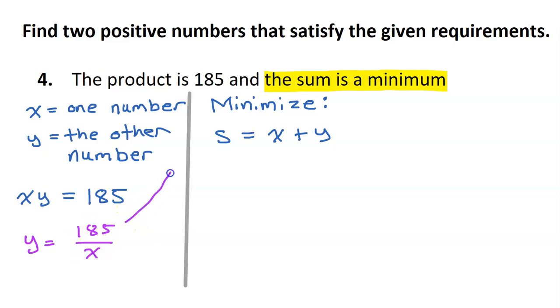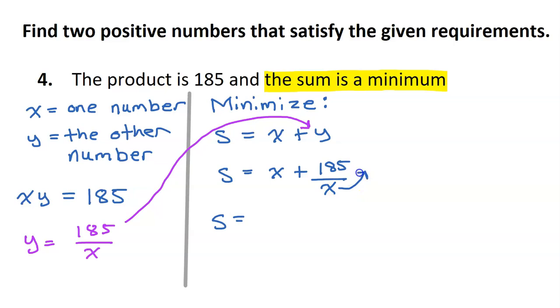We can now take this and substitute for y. So this is my new expression for the sum. I'm going to rewrite this a tiny bit by bringing the x out of the denominator. So I will have x plus 185 x to the negative 1 power.